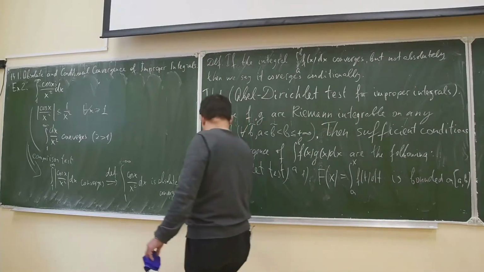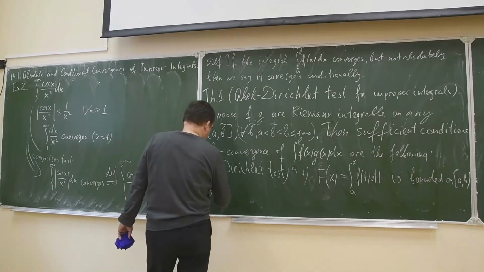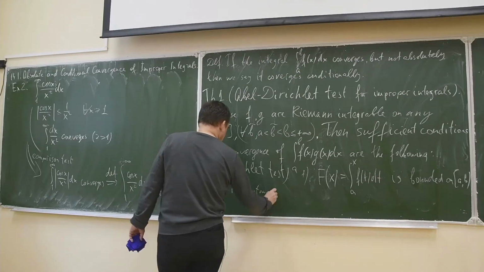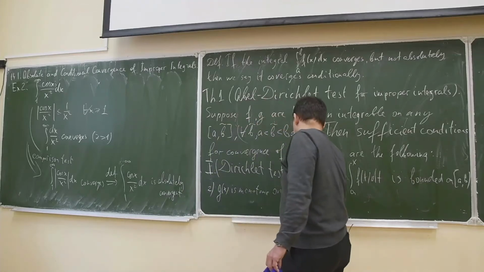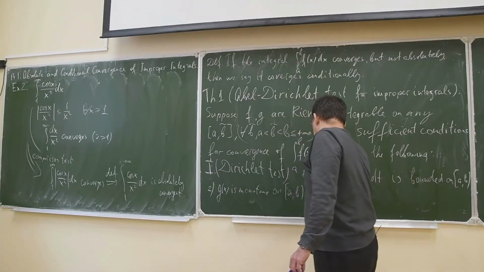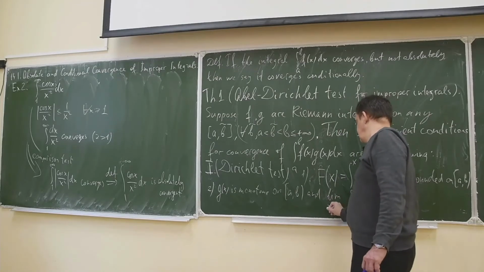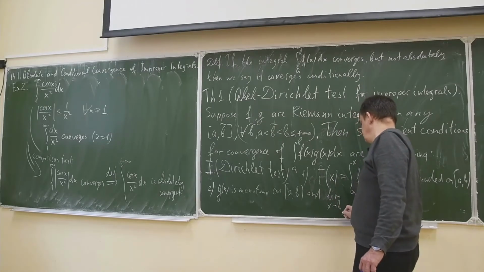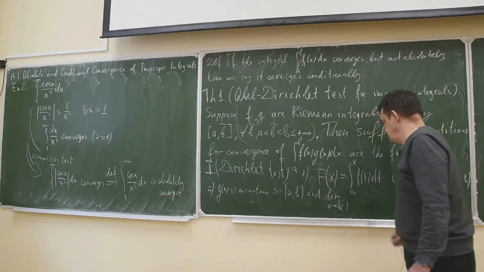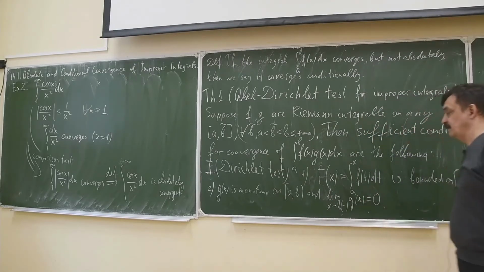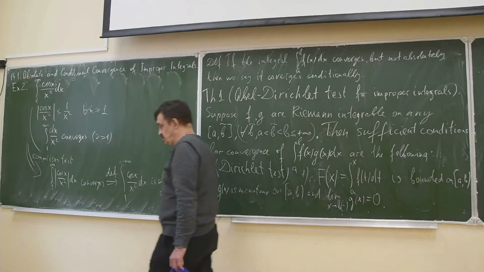And second, g of x is monotone on [a, b) and the limit as x tends to b minus of g of x equals 0. That is the couple of conditions for the Dirichlet test.